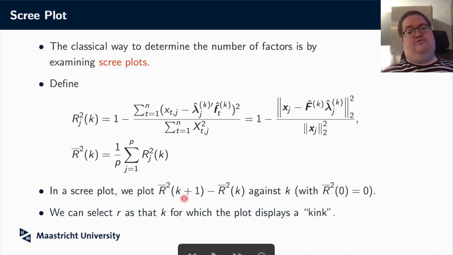So what we then basically have on the vertical axis is how much the fit is improved by adding another factor. And what we then want to achieve is to see where in this plot there is a kink. And the idea is before the kink, your fit is improving considerably, but after the kink, it's not anymore. And at that point, you've reached the number of factors that explains enough of the variation in x.